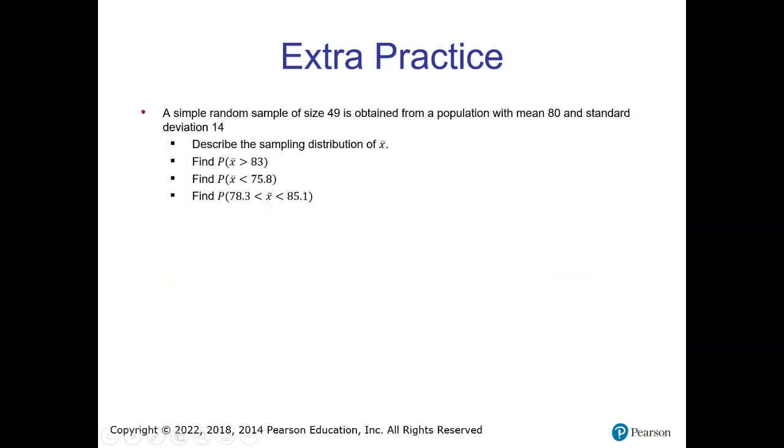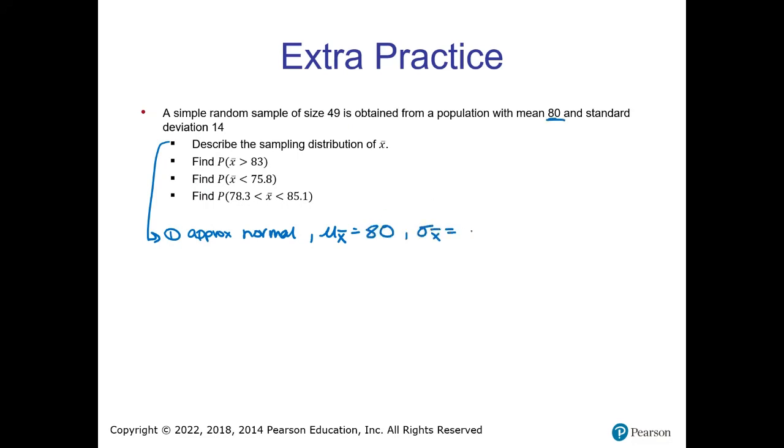All right, so next one. A simple random sample of 49 is obtained from a population with a mean of 80 and a standard deviation of 14. Describe the sampling distribution. Well, we always start with it will be approximately normal. Let's list our mean of the sample, which is the original mean, 80.